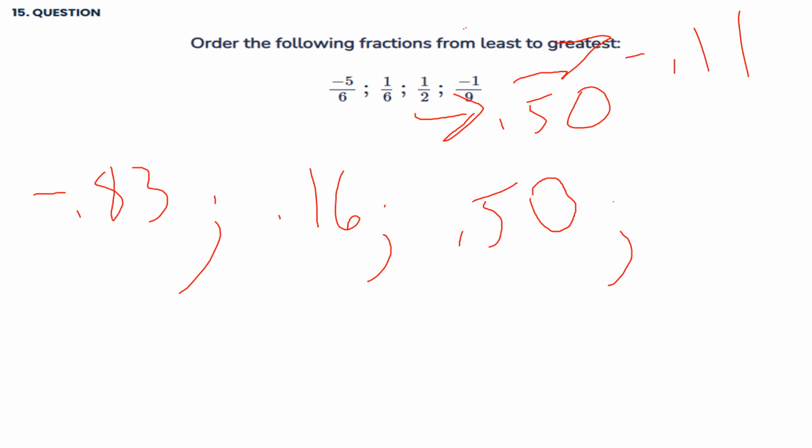And negative 1 over 9 is negative 0.11. All right, so we need to order these from least to greatest.